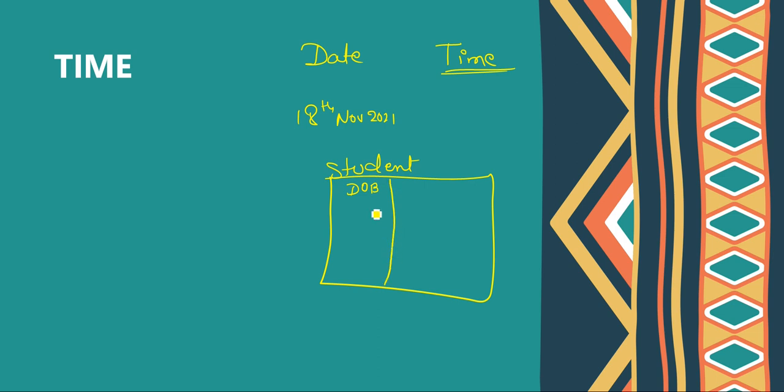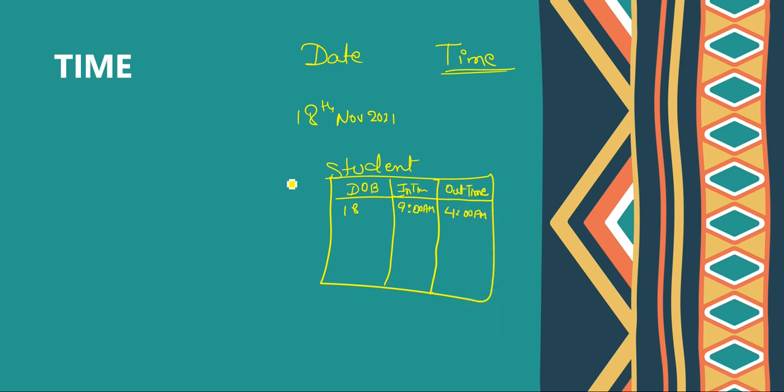Now let's say I want to store at which time the student comes into our school and at which time the student leaves our school. Basically, in time and out time I want to store for each and every student. So let's say on 18th November, this student came to our school at 9 a.m. and they leave at 4 p.m.